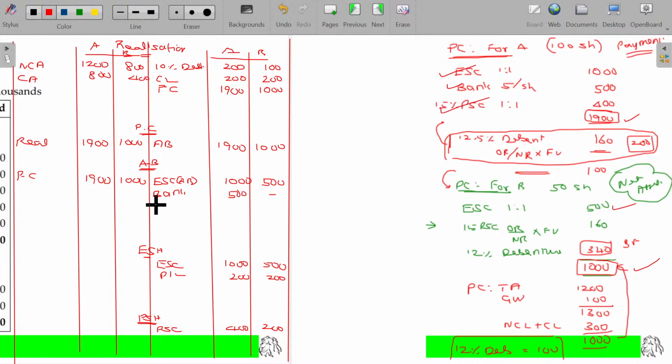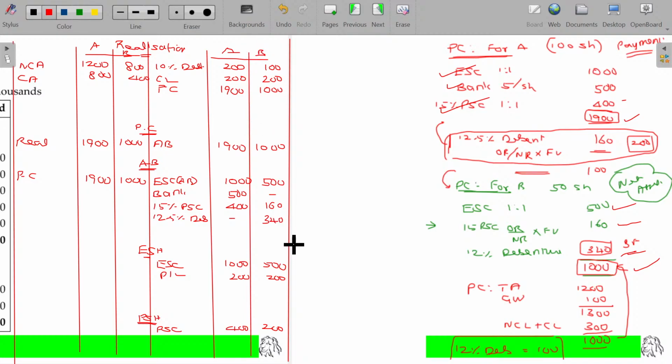Preference share capital also offered, 15% preference share capital. For A company's preference shareholders, they will be getting 400. For B company's preference shareholders, they are getting 160. Apart from that, 12.5% debenture, I think it should be 12.5% debenture, being 340 offered to shareholders of B company.